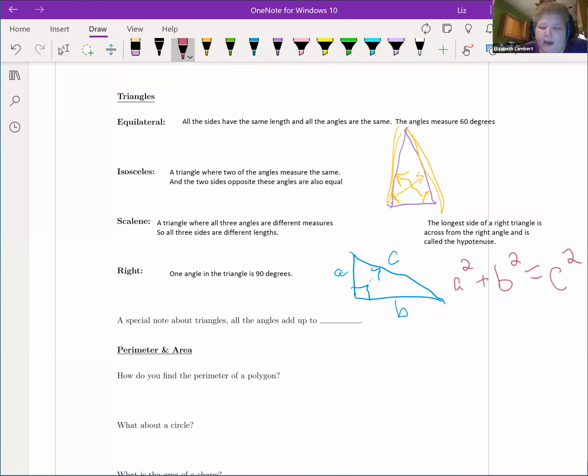Now, a special note about triangles is that all of the angles in any triangle you draw, as long as it's on a flat plane, all add up to 180 degrees.